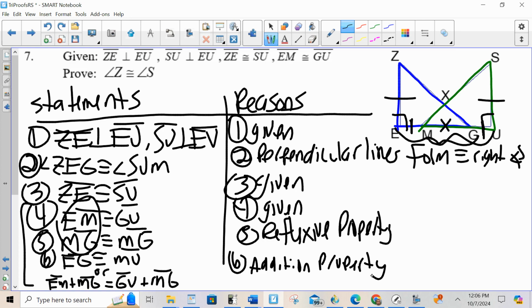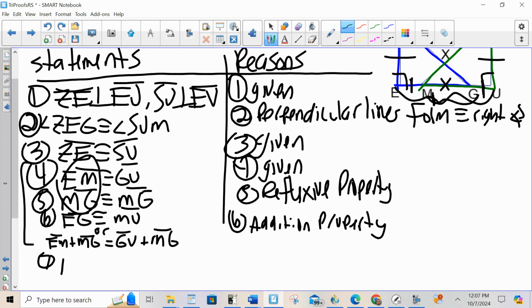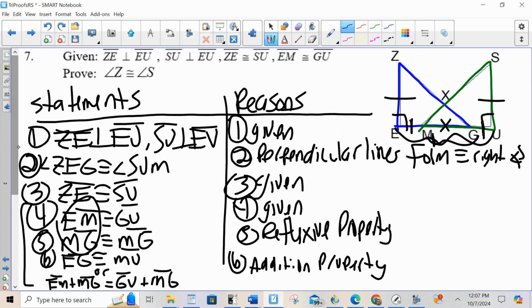So that whole process gave me one thing. Now I have 3 pairs of things congruent. I can state the triangles are congruent. Triangle ZEG and triangle SUM. Triangle ZEG is congruent to triangle SUM. I've got side angle side.